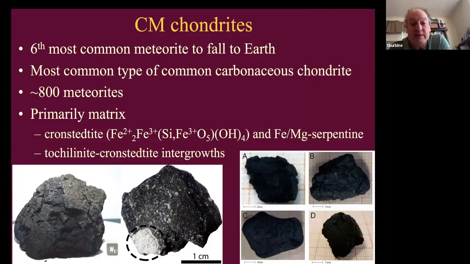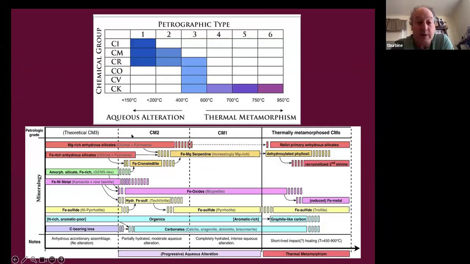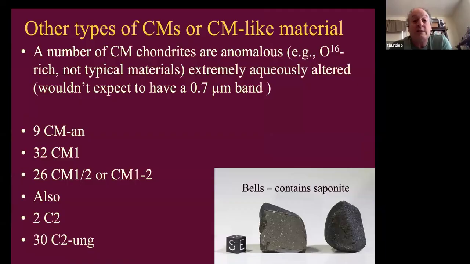So you only see the feature when you have this particular mineral. When you don't have this transition, you don't see it. So you wouldn't expect a 0.7 micron band because they're slightly different in mineralogy. And there's all these different types. It's very kind of complicated.